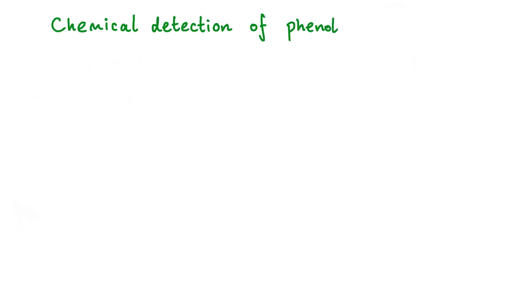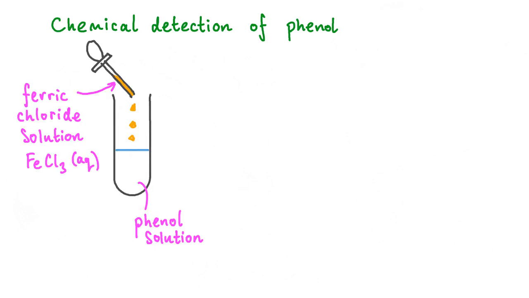In the next section, we'll see how phenol solutions can be detected chemically using some simple chemical tests in the lab. Phenols react with ferric chloride, also known as iron(III) chloride, to produce coloured complex ions. A solution of phenol in water is generally colourless, whereas ferric chloride has a distinct orange to brown colour.